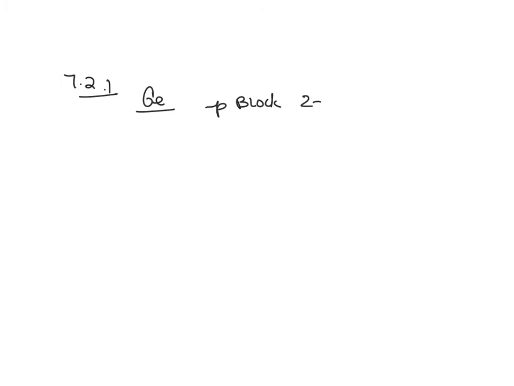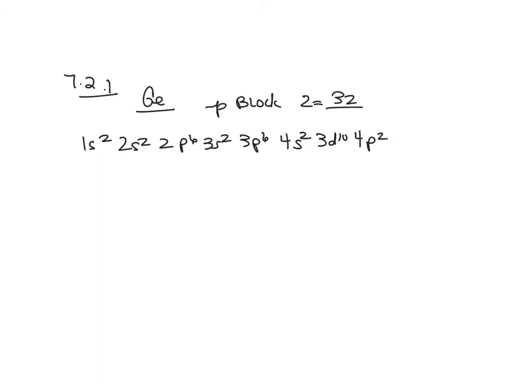It's got an atomic number of 32. So let's just start with 1s2, 2s2, 2p6, 3s2, 3p6. Now we're on the 4s2, 3d10, and then you see that it's 4p2. And so that is answer B.